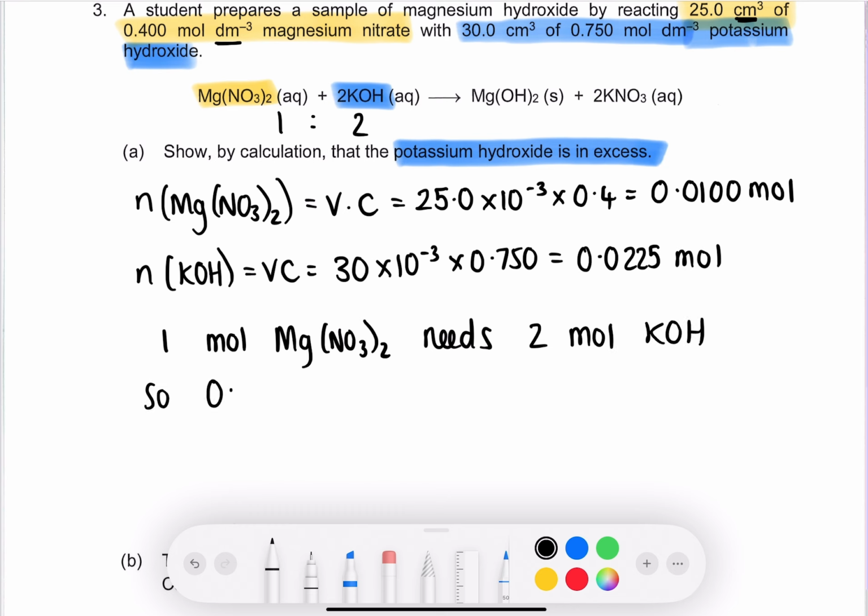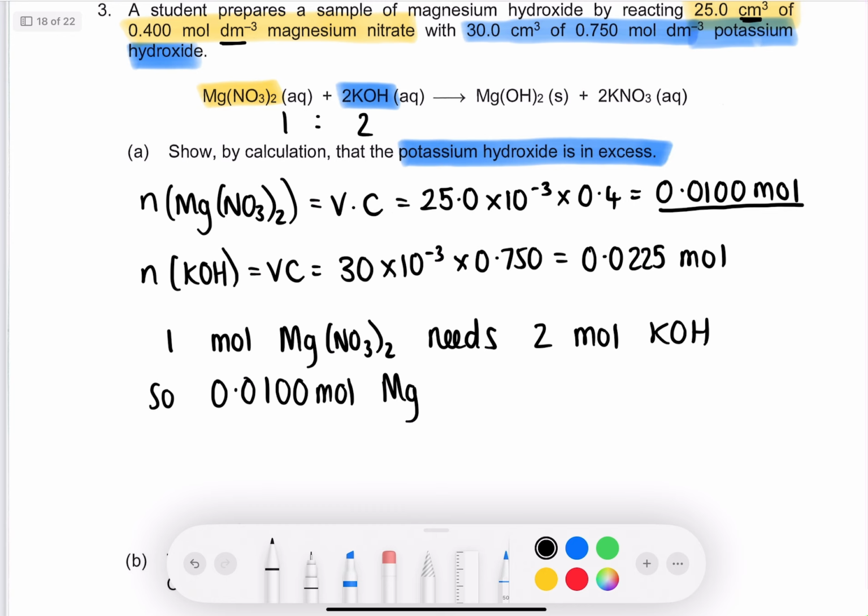So 0.0100 moles, that's what we've got here, of Mg(NO3)2 would need 2 times that, so 0.0200 moles KOH.